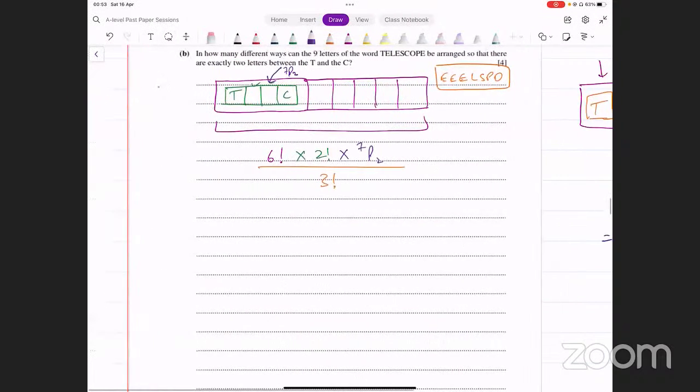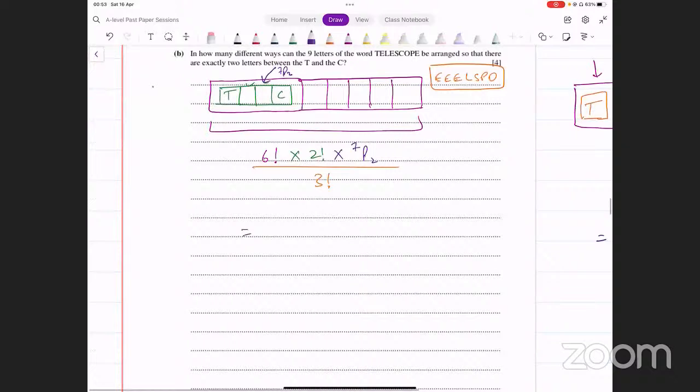So let's evaluate both of them and see what we get. And from the first one, we get 6 factorial into 2 into 7P2 divided by 6, and that gives me 10,080.